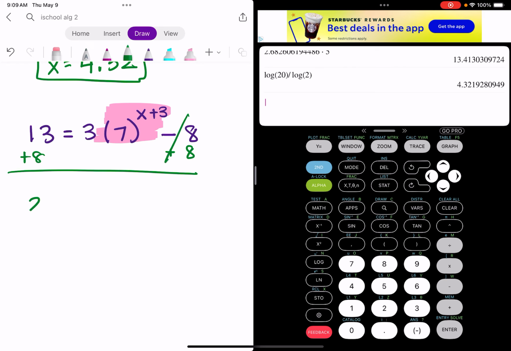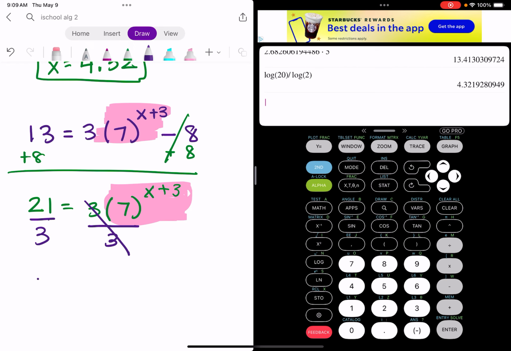So I'm going to have 21 equals 3 times 7 to the x plus 3. Remember, I'm still trying to get the 7 to the power of x plus 3 by itself. So I have to get rid of that 3. I can do that by dividing. So I'm going to have 7 equals 7 to the power of x plus 3.